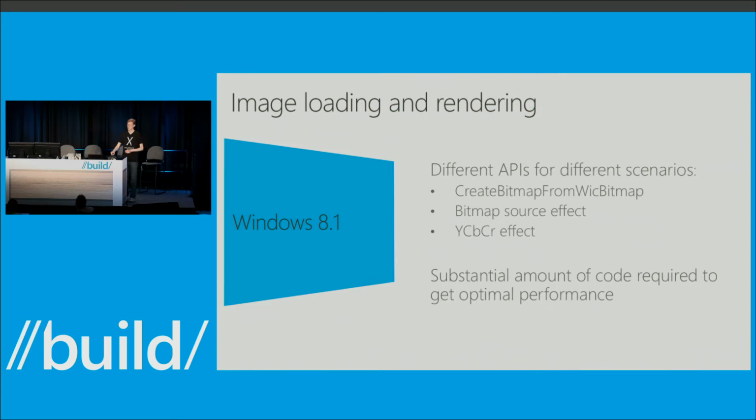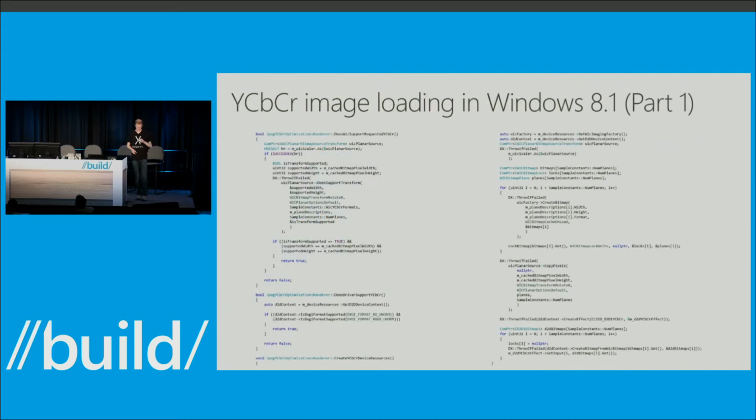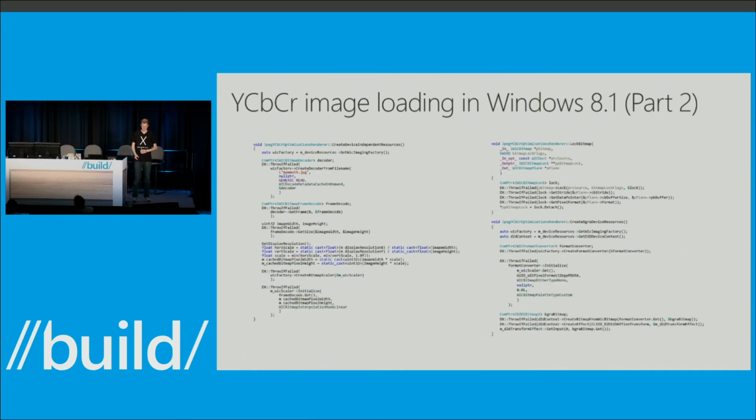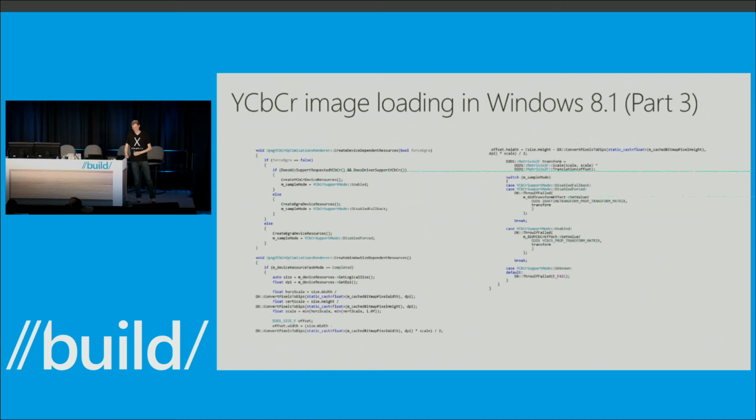WIC CBCR was actually a particular case of this. In order to really get the best possible performance in your app, you had to write code that started out like this. And then you had this. And then you had this.